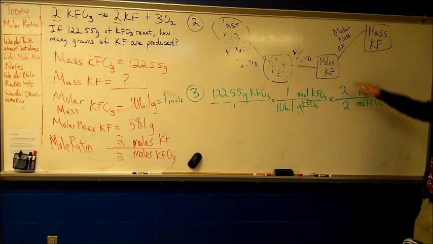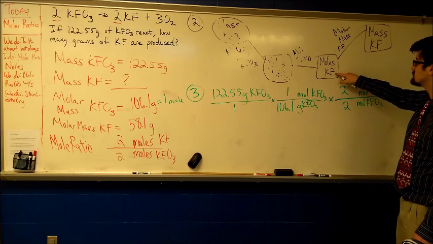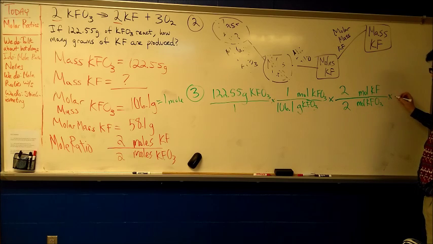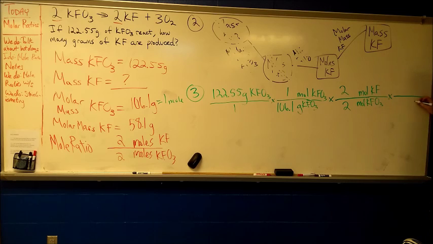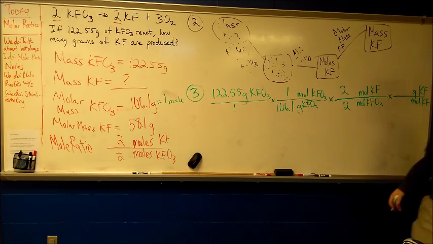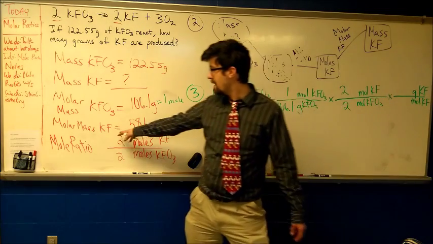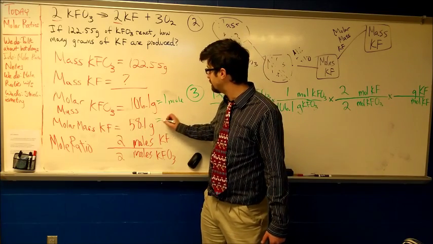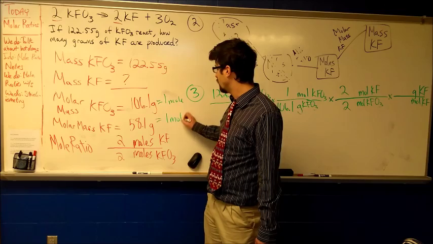And so the last thing we need to do is go from moles of KF to mass of KF. So we're going to have one more conversion, and since we're starting with moles here, I'm going to put that on the bottom, moles of KF, and I'm going to put mass of KF, or grams of KF, on top. And I need to use the molar mass to do that. 58.1 grams of KF is equal to 1 mole of KF.